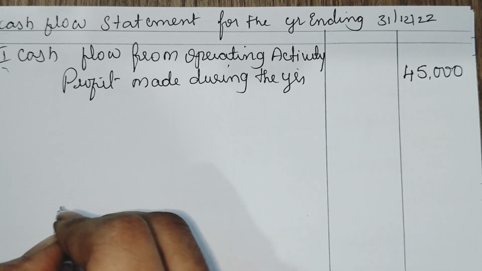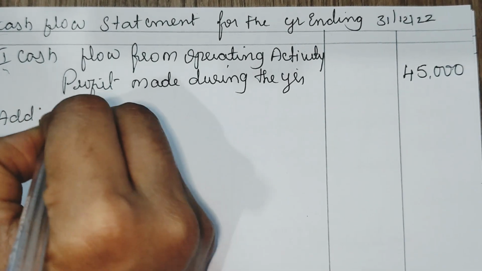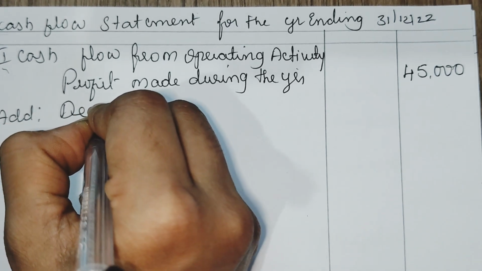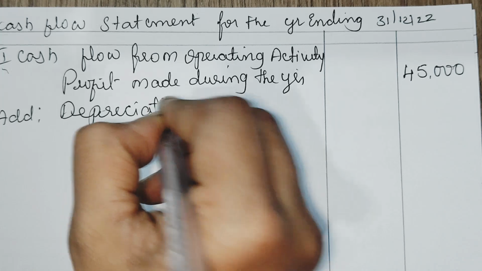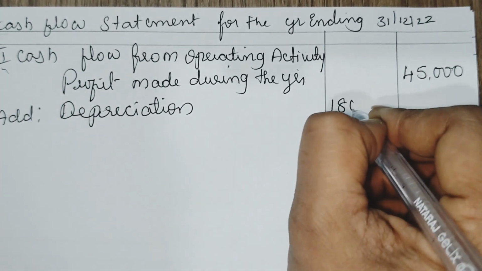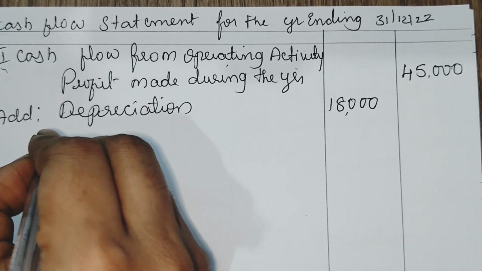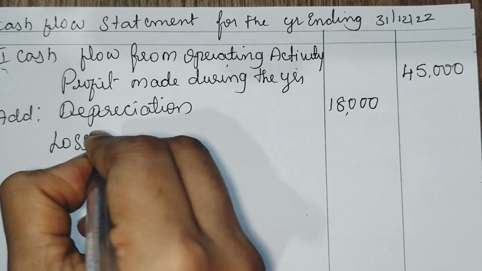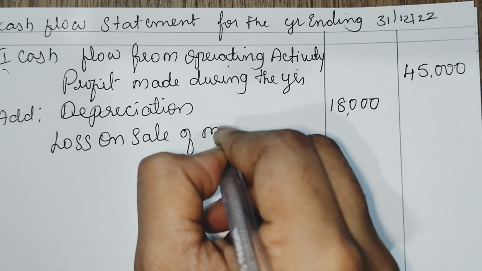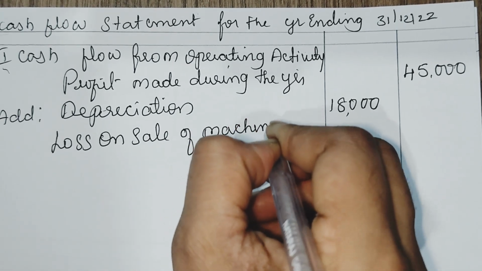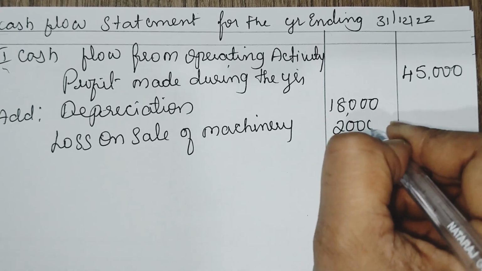To this, we need to add all non-cash expenses. Add depreciation. Depreciation is from the provision for depreciation account we prepared. What is the amount we are transferring? The balancing figure 18,000, that here we are showing. And we have loss on sale of machinery, that is 2,000.